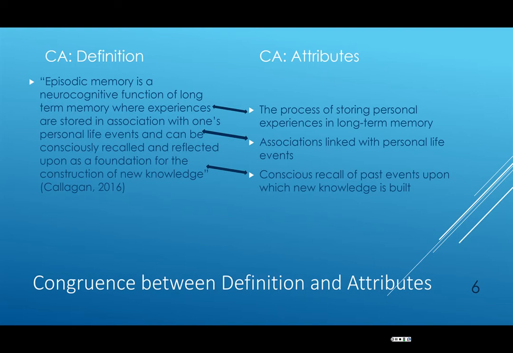So in this instance, let's say that under the process of storing in long-term memory, the process would maybe have 6 steps in itself. Rather than having all of those 6 steps listed in the definition, that would be very cumbersome.